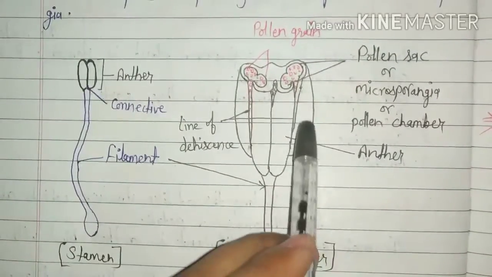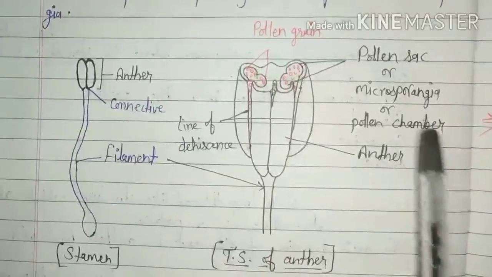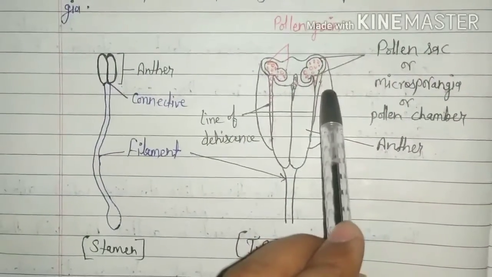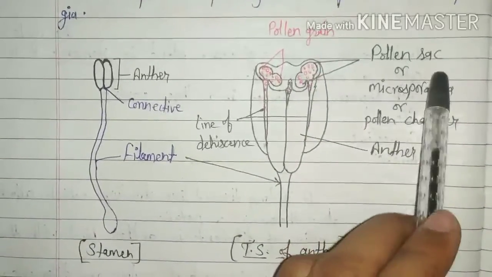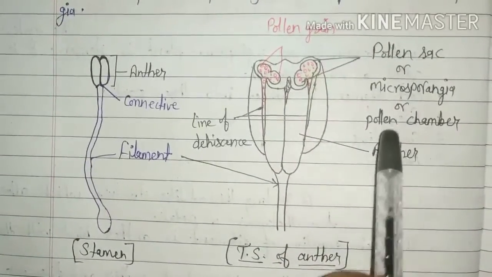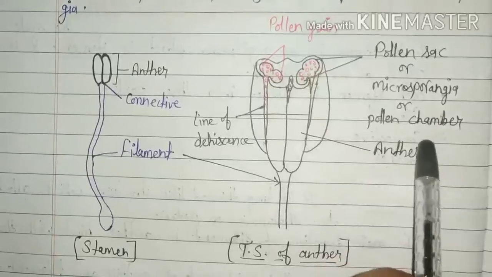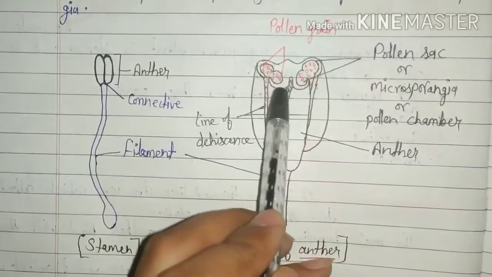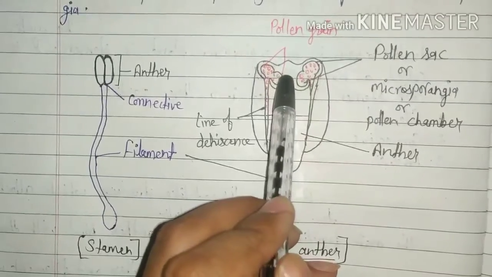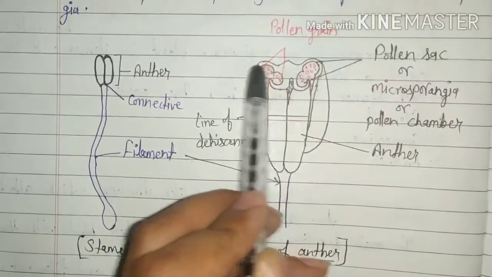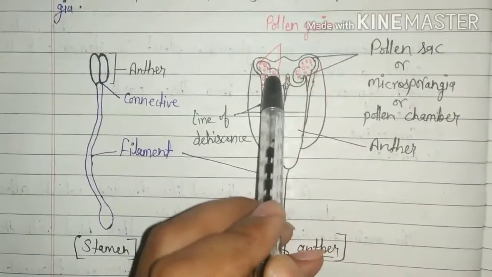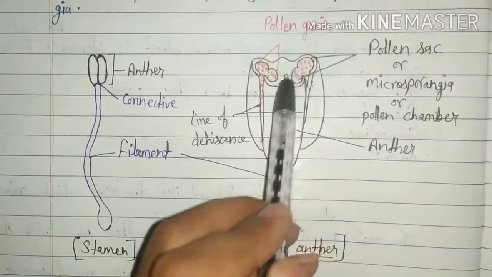We can say that each anther consists of 4 microsporangia or 4 pollen chambers or 4 pollen sacs. In other words, each anther lobe consists of 2 pollen sacs, 2 microsporangia or 2 pollen chambers.